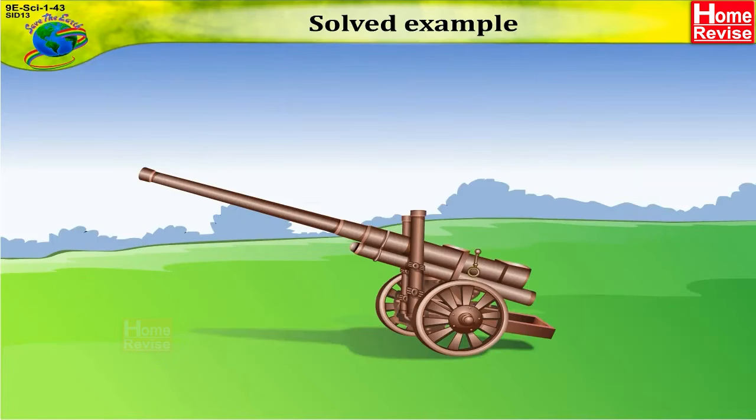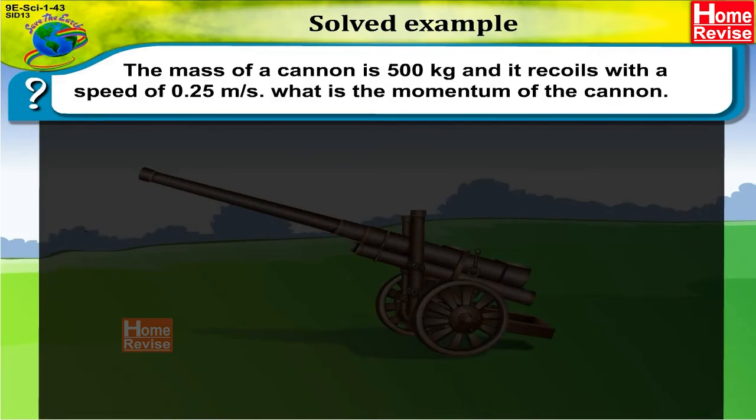Example: the mass of a cannon is 500 kgs and it recoils with a speed of 0.25 meter per second. What is the momentum of the cannon? Given, mass of the cannon is equal to 500 kg.